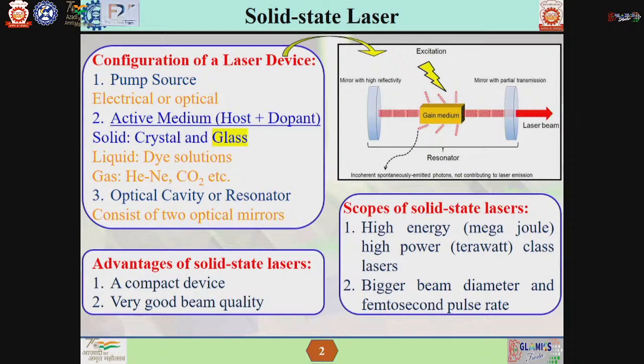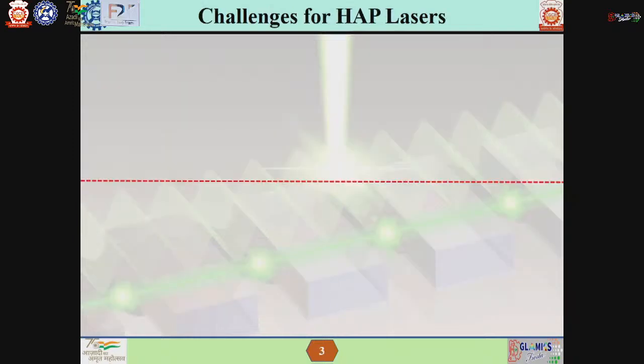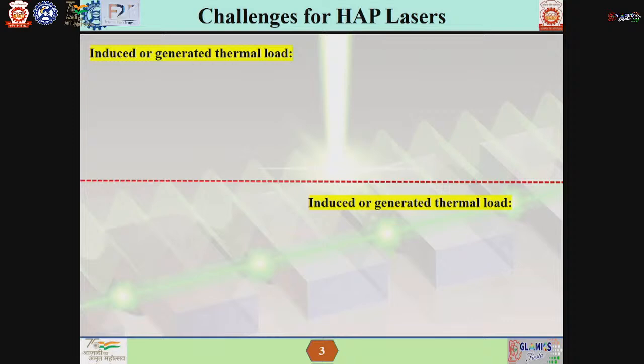So what is the scope for solid state lasers? We may go up to the megajoule scale, or terawatt class high average power lasers, with a bigger diameter of laser beam. What are the challenges when we think of scaling up the power? The main challenge is the heat generated in the gain medium.